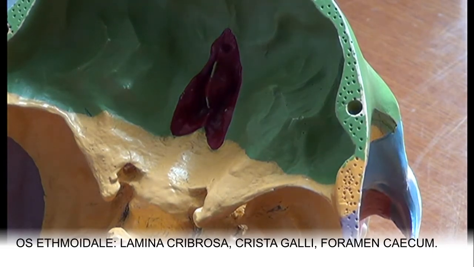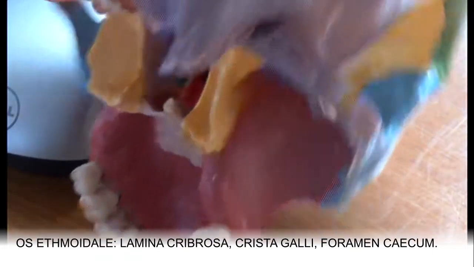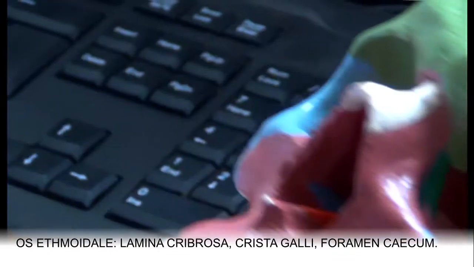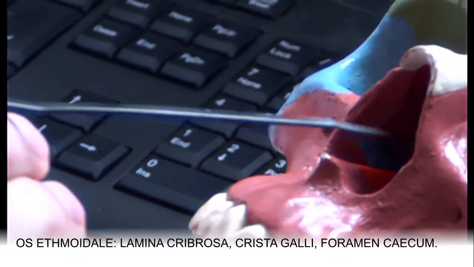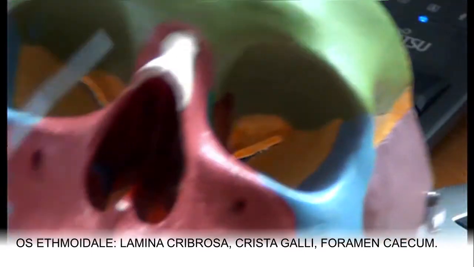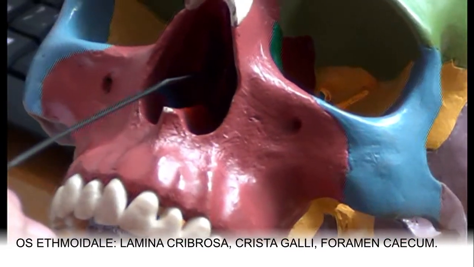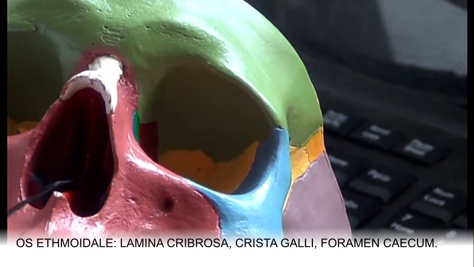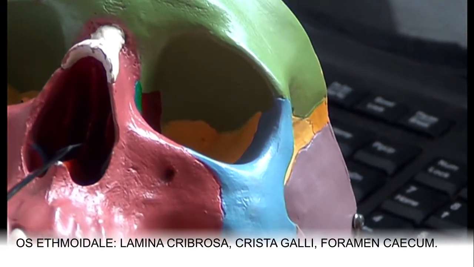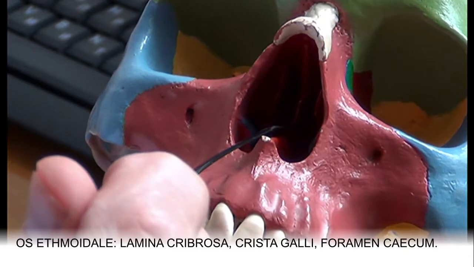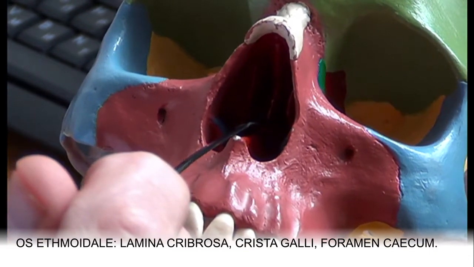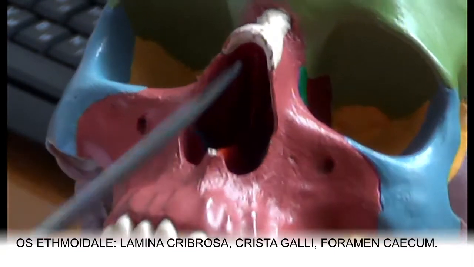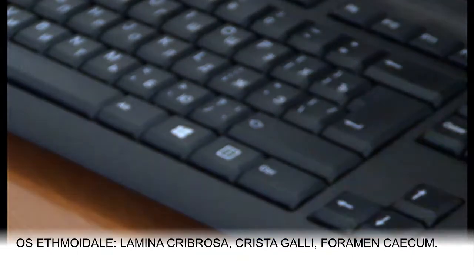And also we can find the lamina perpendicularis, which is the border between two symmetrical parts of the nasal cavity, left and right.